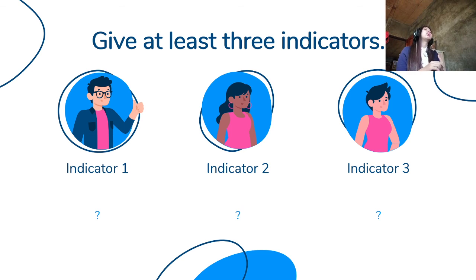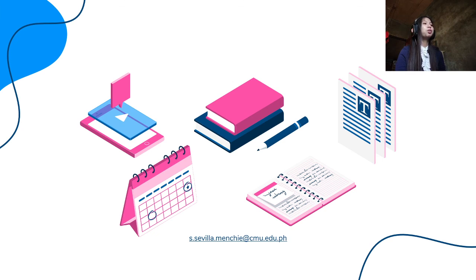I only want to ask 3 indicators which you think are the most important. Let's rank all the indicators I've discussed. So what do you think are the 3 most important indicators? If you will be an evaluator of an instructional material, what are the 3 most important indicators that you will use?